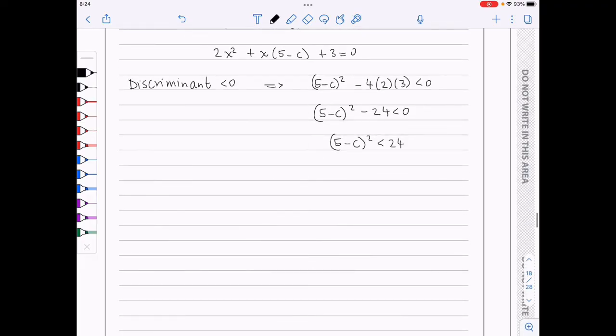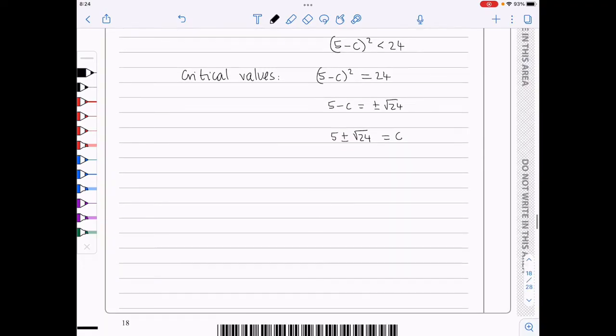I will find the critical values now, and the critical values will be obtained by turning this inequality into an equation. So I have 5 minus c is plus minus the root of 24. So 5 plus minus root of 24 is equal to c. It's a quadratic inequality which we always solve graphically. I will draw my parabola.